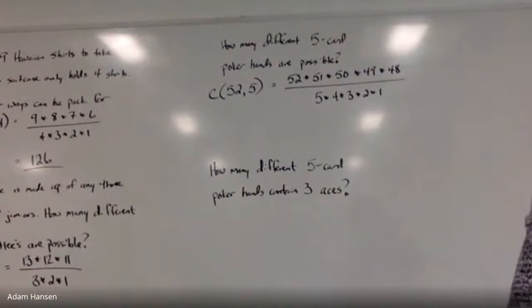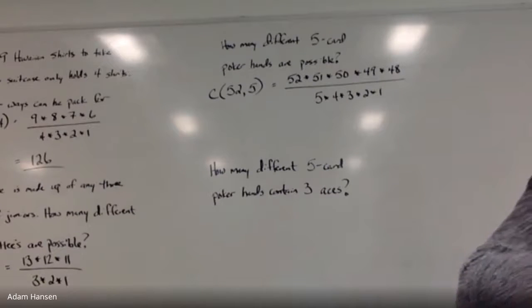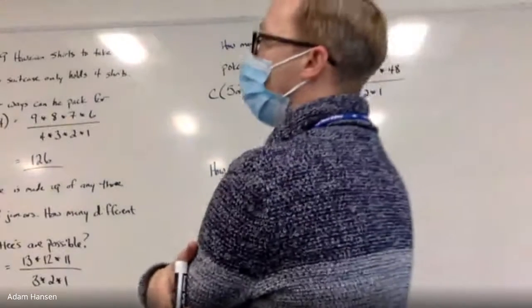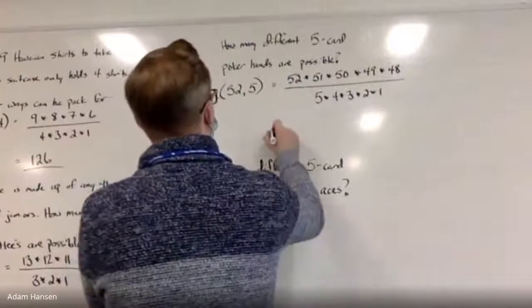So it looks like there's just a shade under 2.6 million different 5-card combinations from a standard deck. 2,598,960.